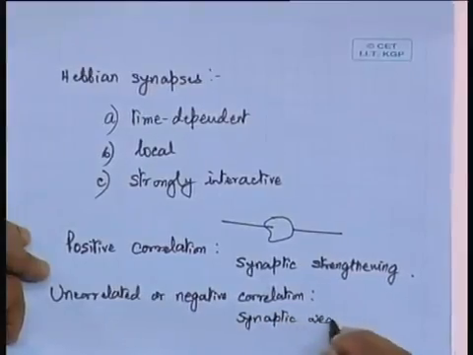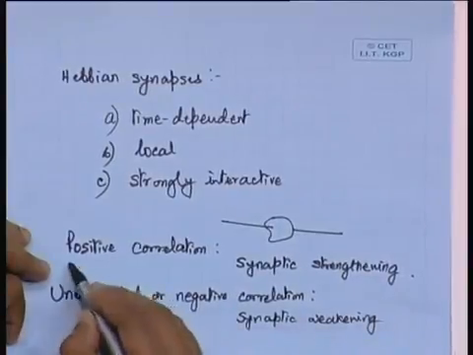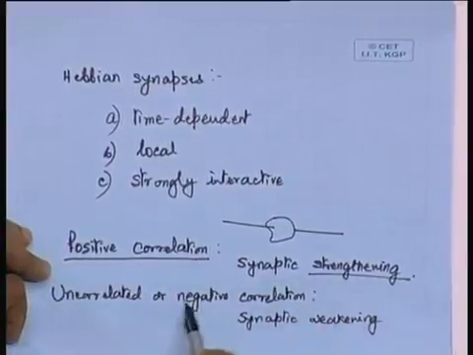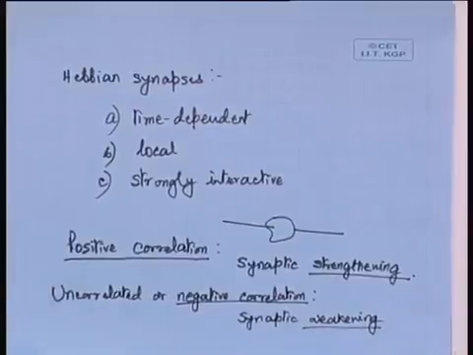Now, this is surely what we can expect, that positive correlation should lead to strengthening and negative correlation should lead to weakening, but whether uncorrelated should lead to a strengthening or a weakening, or it remains the same, that is one issue on which one can debate.